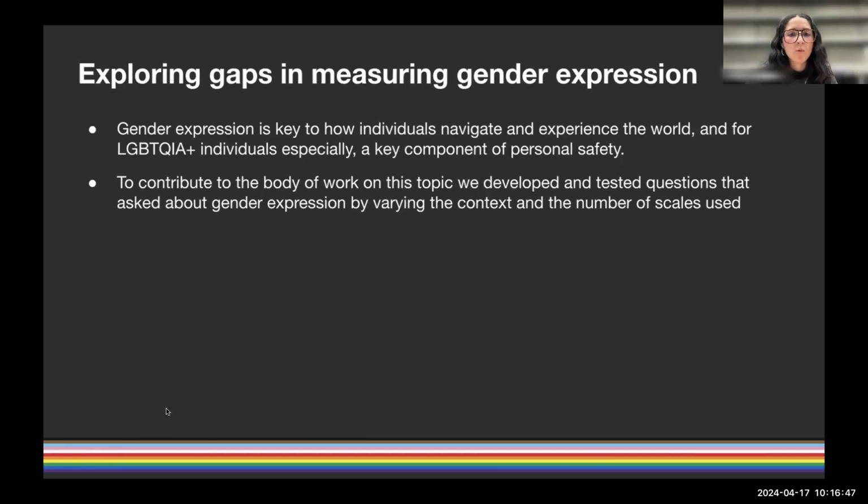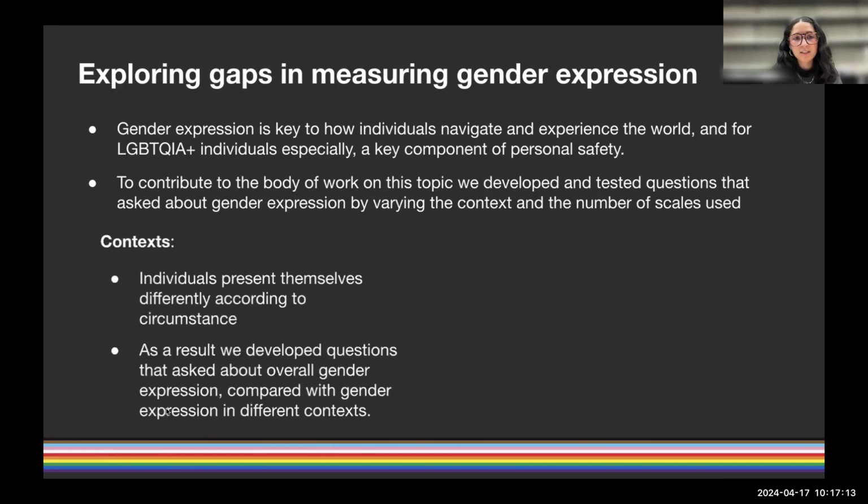So thinking about why we want to measure gender expression. In addition to being a critical part of how people in general navigate the world, for LGBTQIA+ individuals especially, this is a component of identity, but it's also a component of things like personal safety. So in order to contribute to the body of this work, we wanted to examine a couple of different ways of asking these questions.